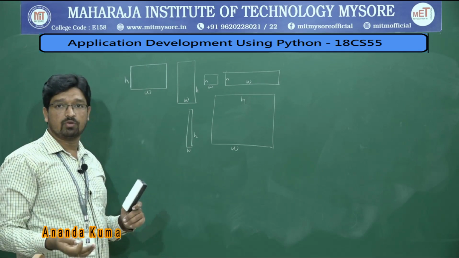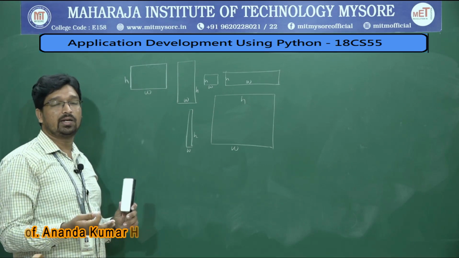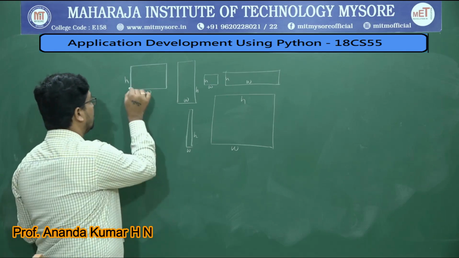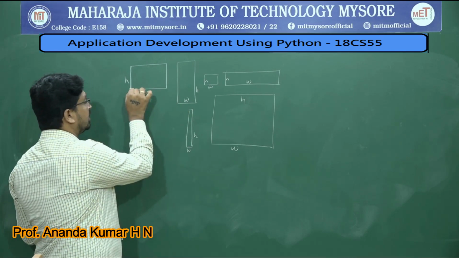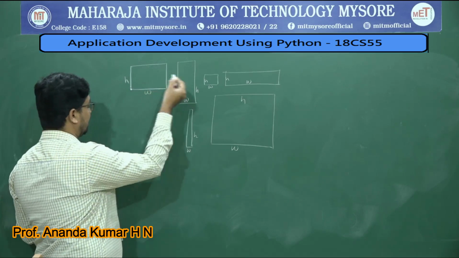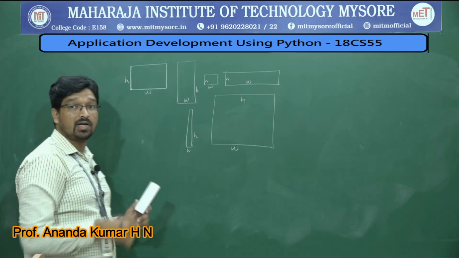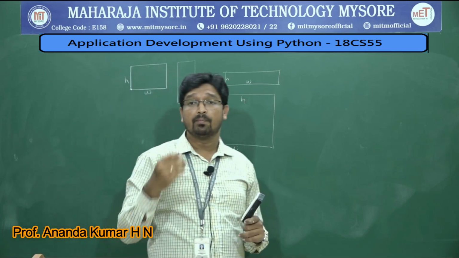Also, I have one more piece of information. To create any rectangle, I need one more piece of information called corner information. If I have a corner, then I can create a rectangle. As we said, a corner is nothing but a point.